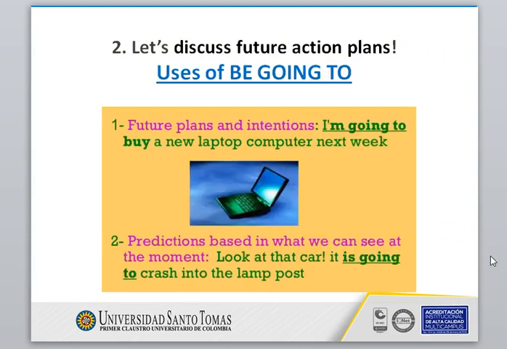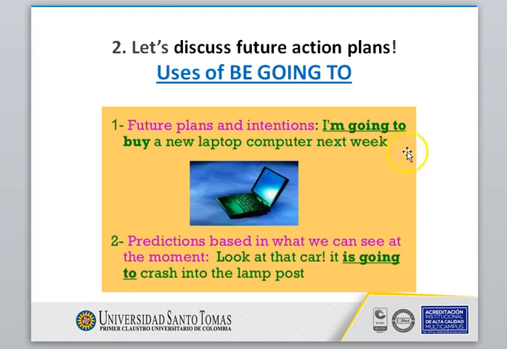The next one, uses of be going to. We have the use of this future form for number 1, future plans and intentions, and number 2, predictions based on what we can see at the moment, okay? In case of an intention, the example says, I'm going to buy a new laptop computer next week, right?